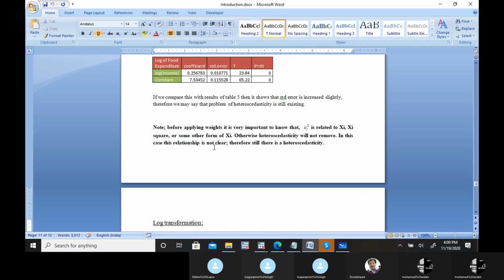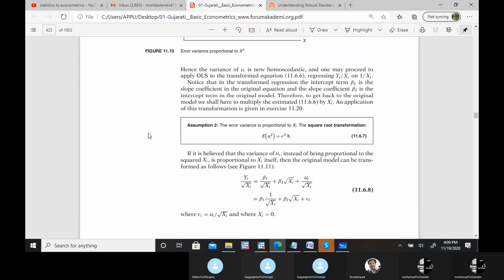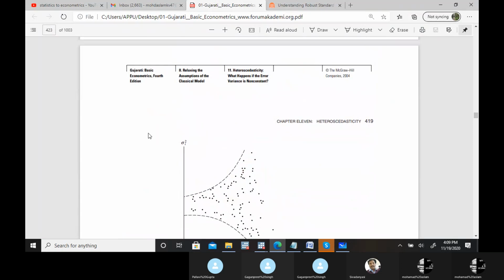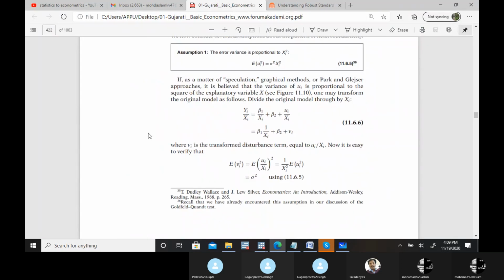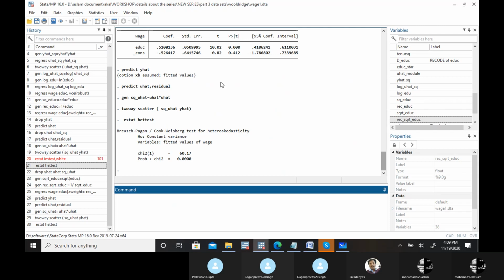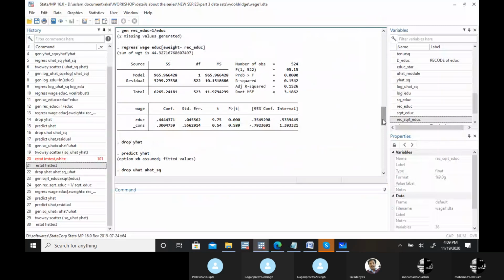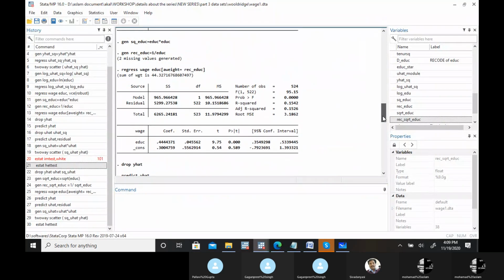In this case, this relationship is not clear, therefore there is still heteroscedasticity. In this assignment, I tried all these combinations, but the problem was still there. Although we can see in all these results that the standard error is getting reduced, like here it's 0.05, 0.64, here it's 0.04, 0.55, meaning this square was working.